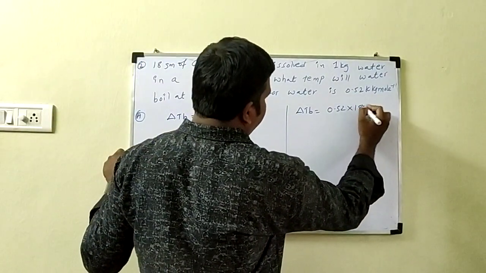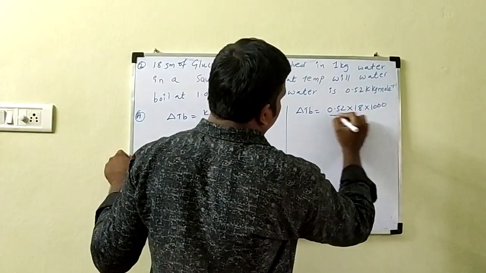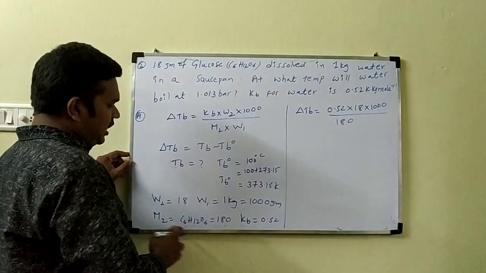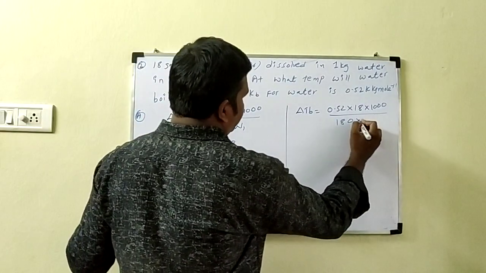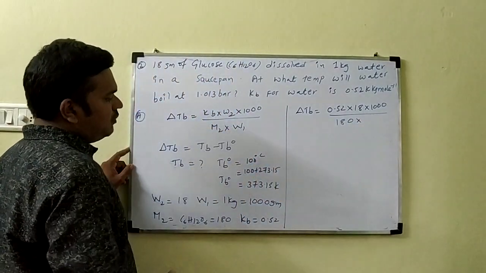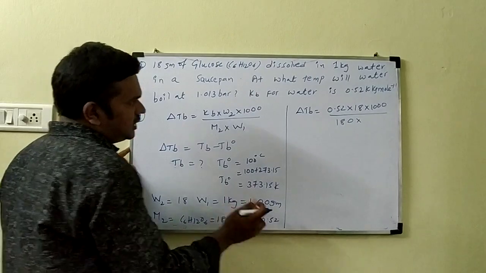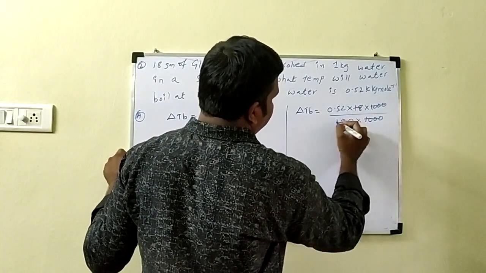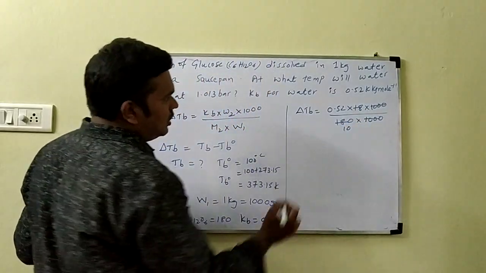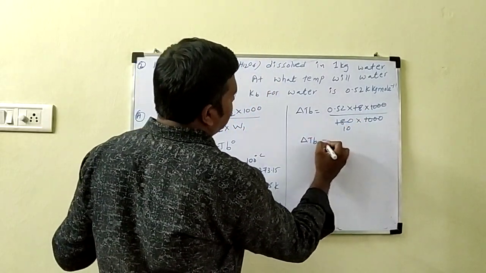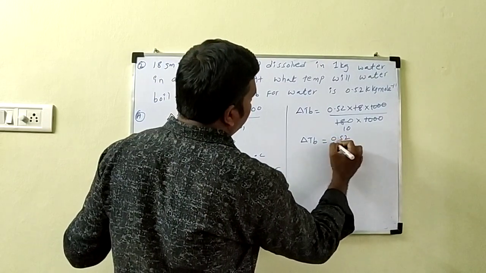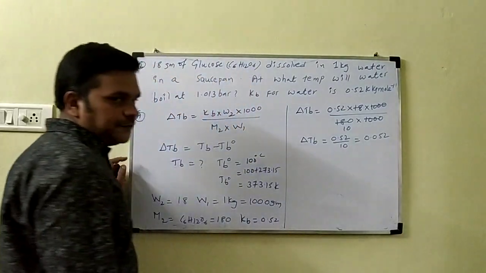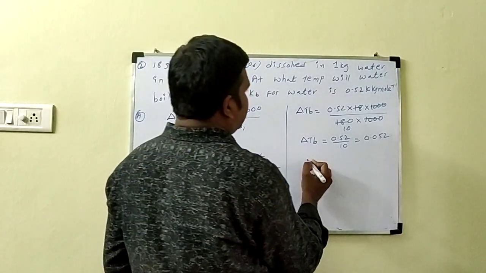The weight of solute is 18 into 1000 by the molar mass of the solute, 180, into the weight of solvent, 1 kg, that is 1000 grams only. Now 1000 and 1000 cancel, and 18 cancels 10 times. Now you will get delta TB is equal to 0.52 by 10, that is 0.052 only. Clear? Now you got delta TB.